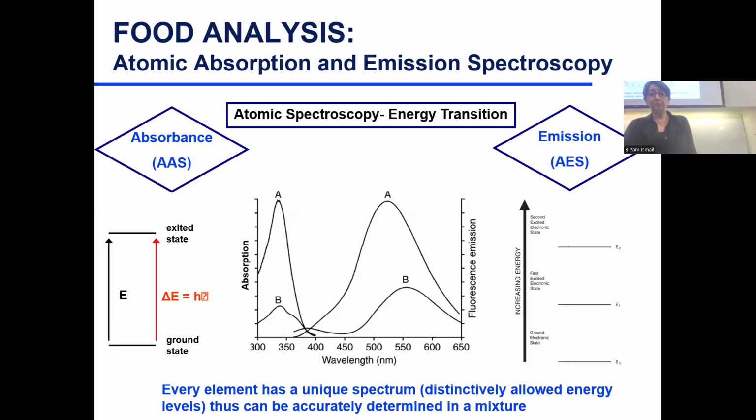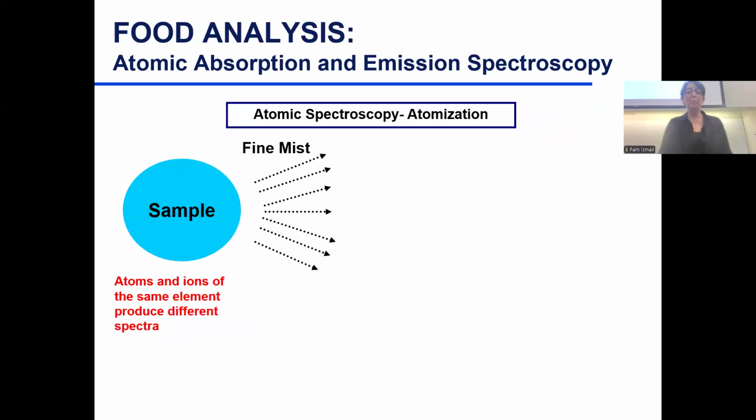Okay. Now let's talk about what happens in an atomic absorption or emission unit. So what Group C did in the lab today is you start with a sample that usually, if it has organic matter, you have to oxidize the organic matter. So you have to get rid of the organic matter, burn it off, oxidize it.